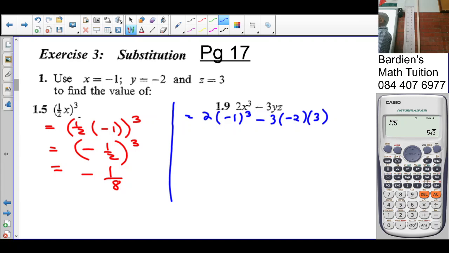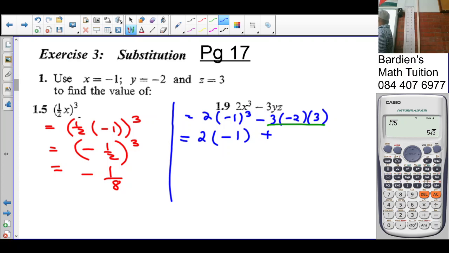Guys got it? So it will simply be 2 open brackets, negative 1 cubed. So at this point I can multiply this straight out. You all agree with that? So what's negative 3 times negative 2? Positive. Negative times negative is positive. So it's positive 6. Positive 6 times positive 3.